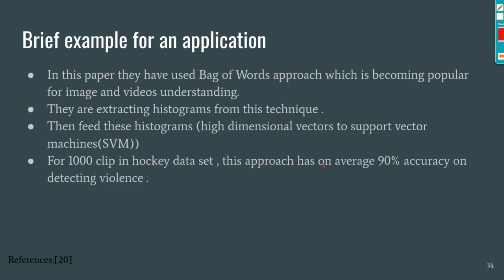They used a bag of words approach, which is becoming popular for image and video understanding. They extracted histograms using these techniques, and then fed them to an SVM, support vector machines, to classify whether it is violence or not. For 1000 clips in the hockey dataset, this approach got an accuracy of around 90%.